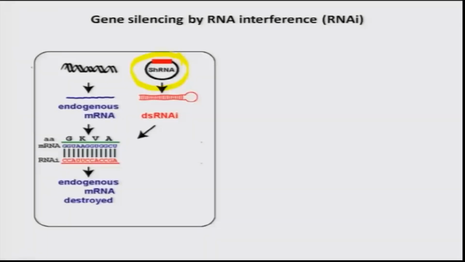So, one way to do it is, you can, for example, make a plasmid which expresses a hairpin loop like sequence which is specific to, for example, a given gene transcript, right.